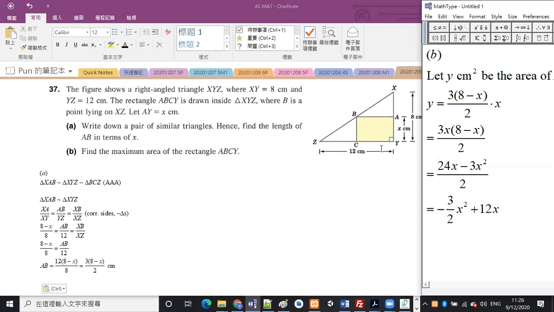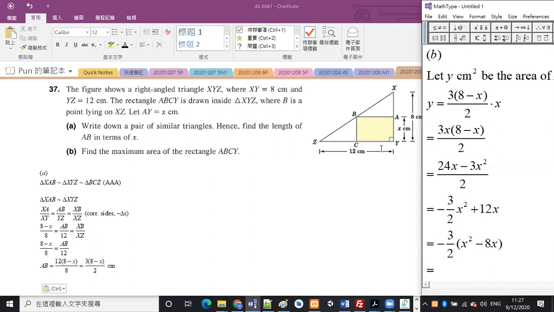Okay, but the question asks us to find the maximum area. Okay, then we are going to change this from the ABC form to the AHK form. Okay, 咁其實咧，我抽 A 出嚟，negative 3 over 2, x squared and then minus 幾多應該睇下，12除 should be 8. Yes, x.